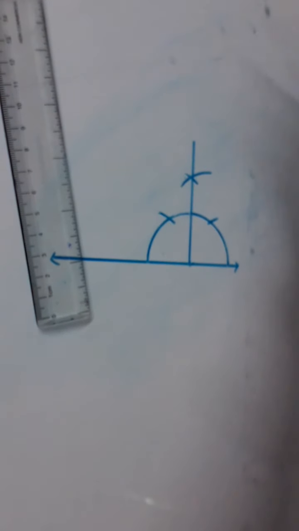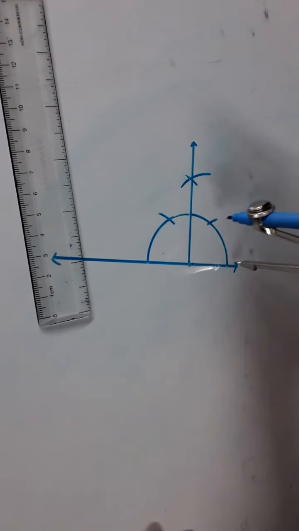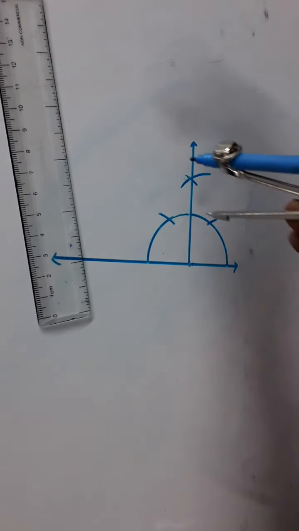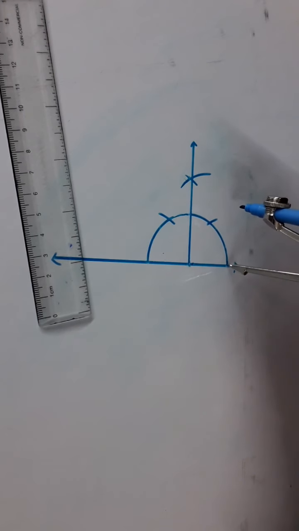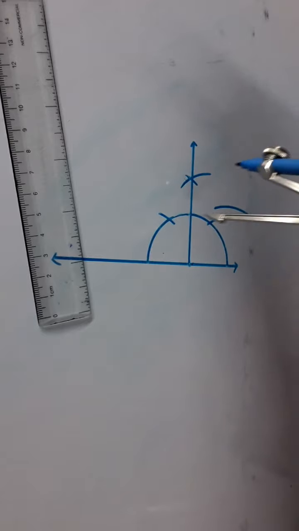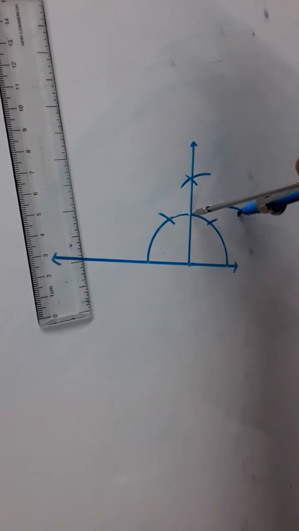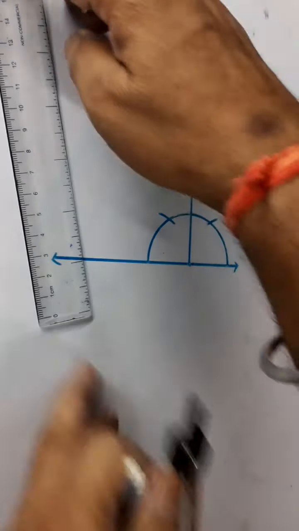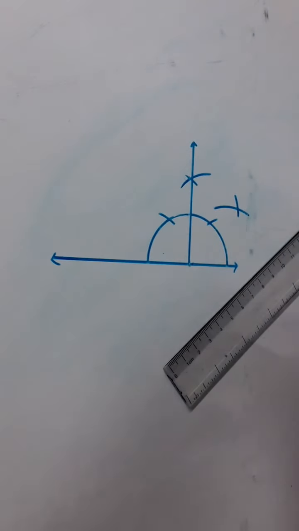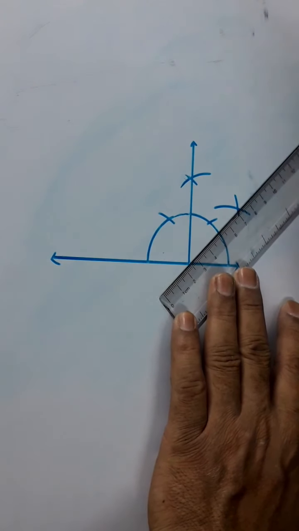I have drawn this line. Now I am going to bisect this side, this 90 degree from this side. I am taking an arc like this, and from this point I am going to take another arc like this. Now I will join these 2 points.